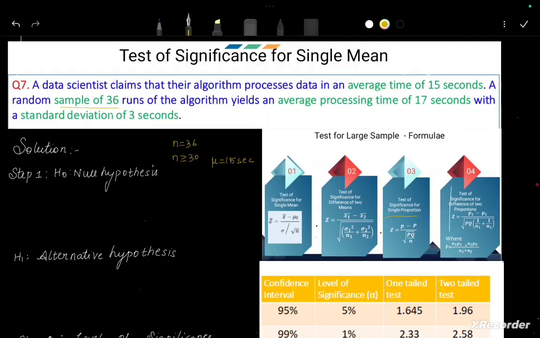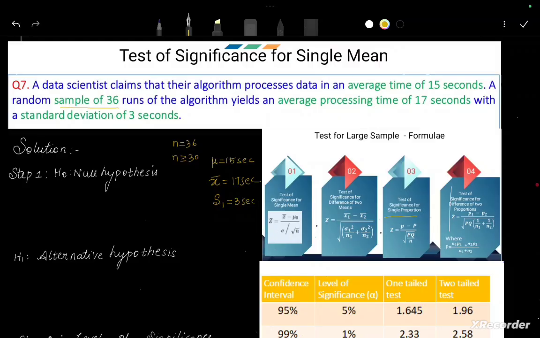So for the sample, the processing time is 17 seconds, therefore your x bar is equal to 17 seconds, with a standard deviation of 3 seconds. This is denoted by S1, so S1 is given as 3 seconds.